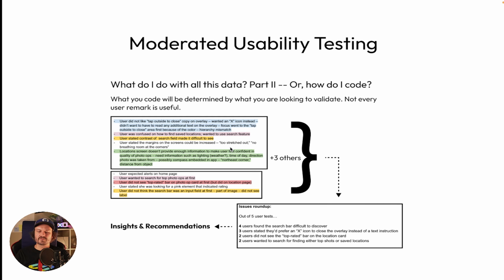If user A says they had difficulty finding the search bar or were unable to complete a task for whatever reason, and I see that start to appear numerous times, I will start to highlight those bullet points with specific colors.